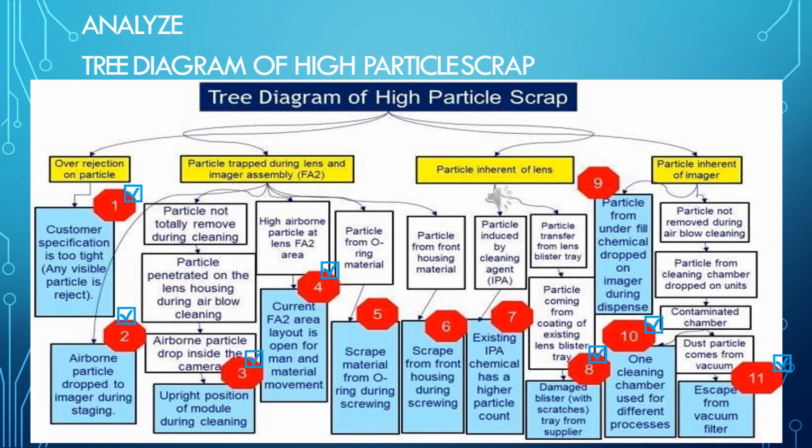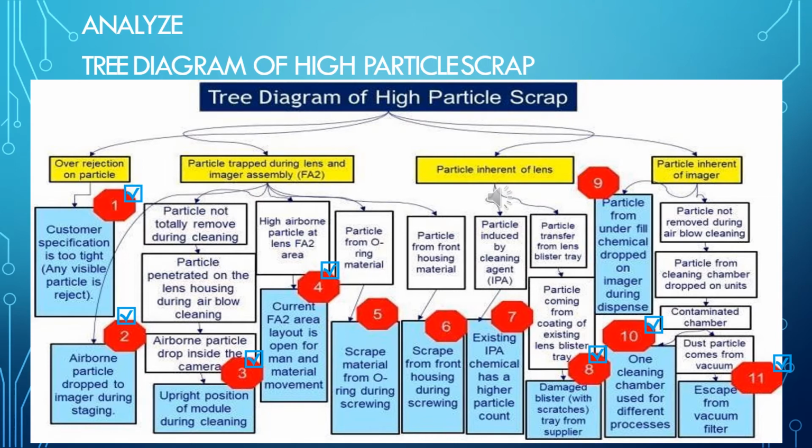Based on the analysis, which can be further read in my paper, I identified seven root causes of this high particle scrap. Number one, customer specification is too tight, any visible particle is rejected. Number two, airborne particle drop to imager during staging.